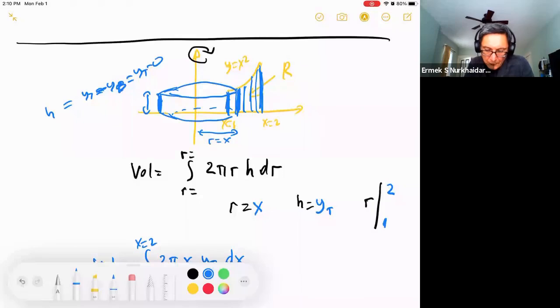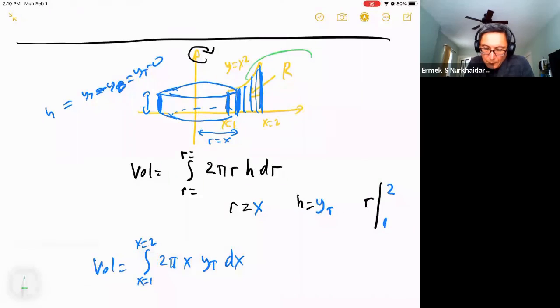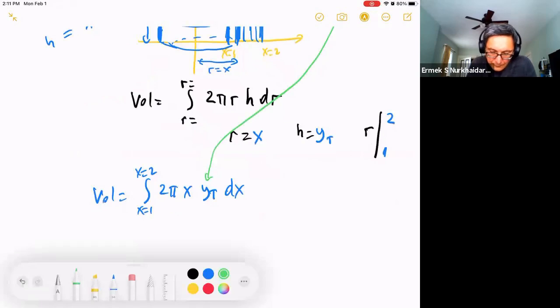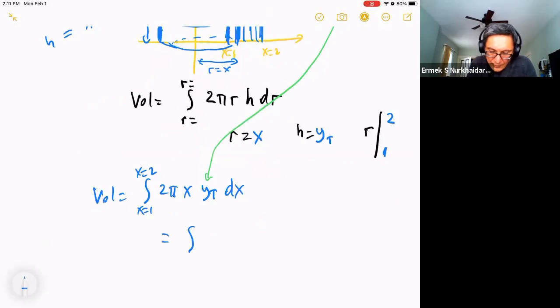Here, y top comes from the parabola, y top equals x squared. So we're going to take it and substitute. We get the integral from x equals 1 to 2 of 2 pi x squared dx.